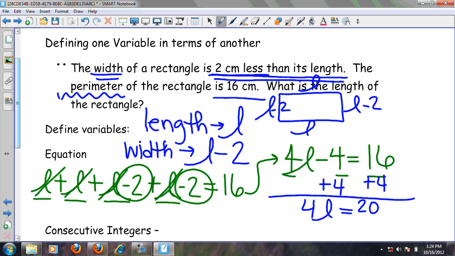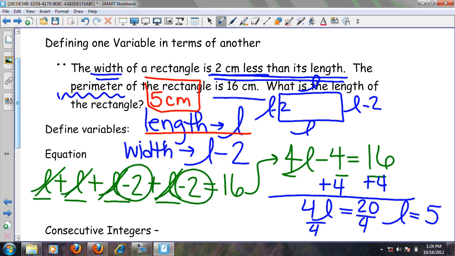If I divide by 4, I will find out that L equals 5. Am I done? Jessica, you're right. I'm not totally done because I was asked what is the length of the rectangle. L is 5, so the length of the rectangle is 5 centimeters. That is my answer.